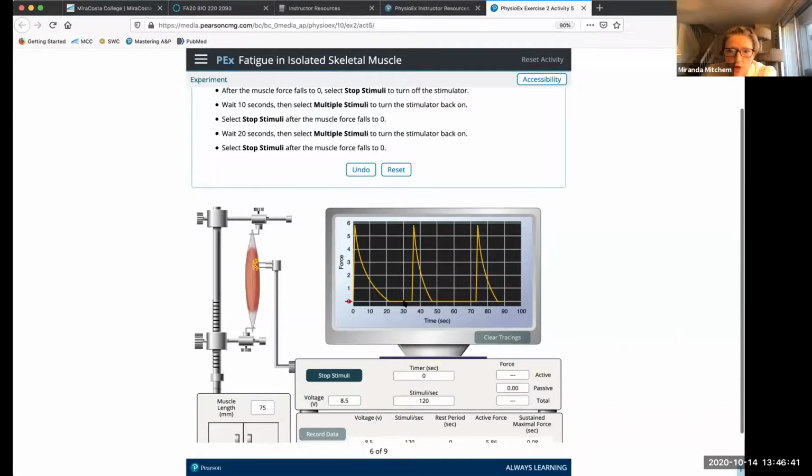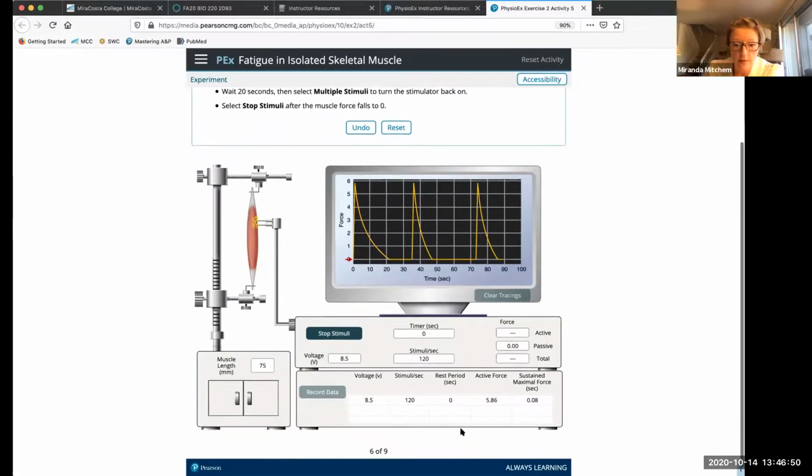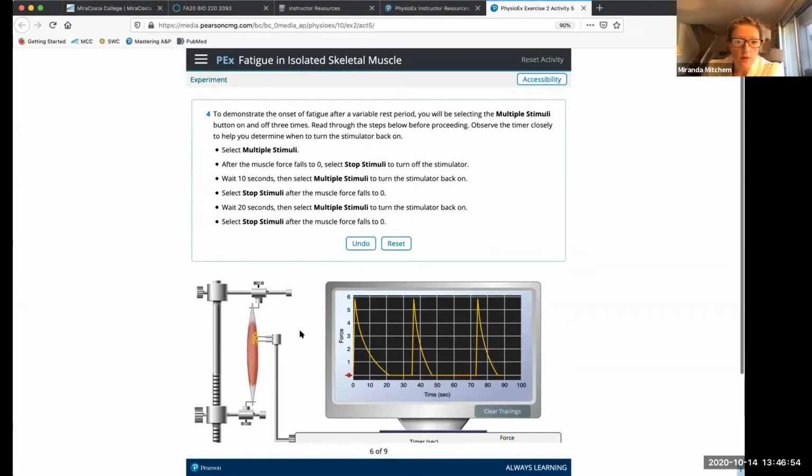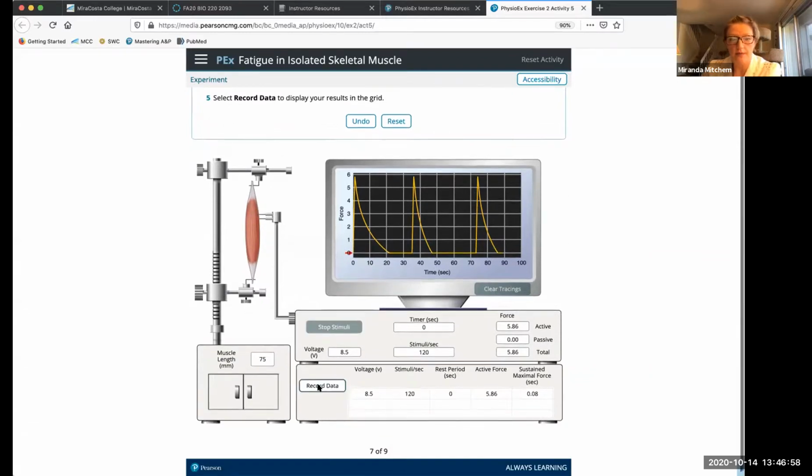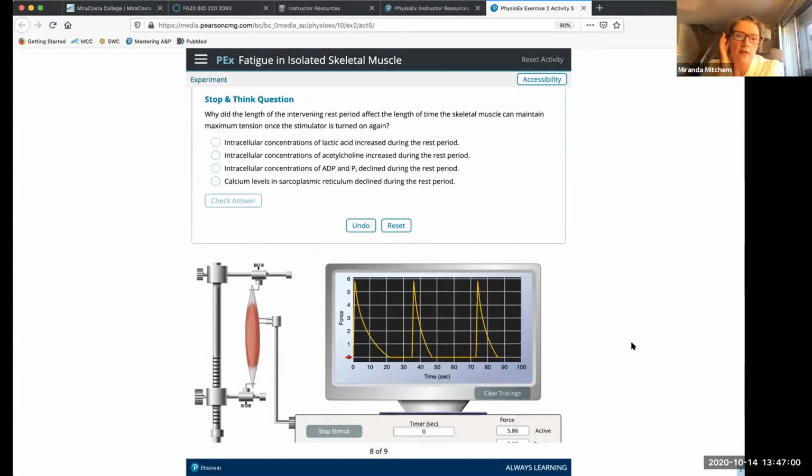So the shape of the curve looks pretty similar, right? The total force is the same. The distance in between is different, but we controlled that. Now I'm stuck again. There we go. Record data. Why did the length of the intervening rest period affect the length of time the muscle can maintain tension?